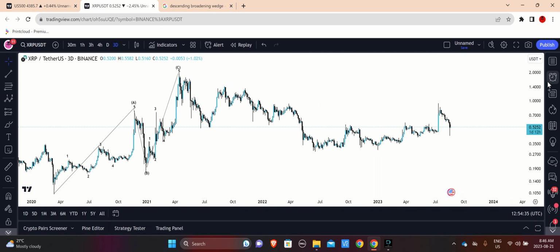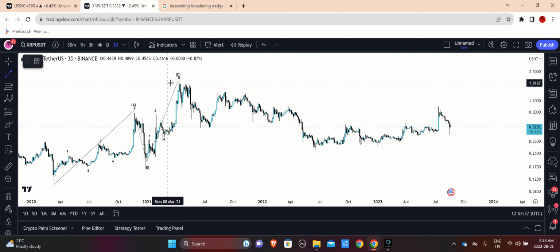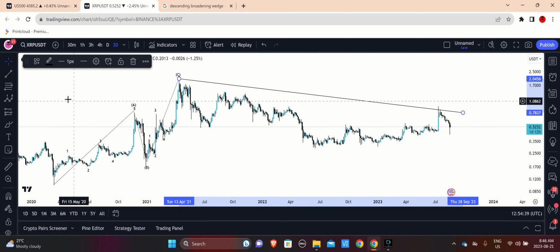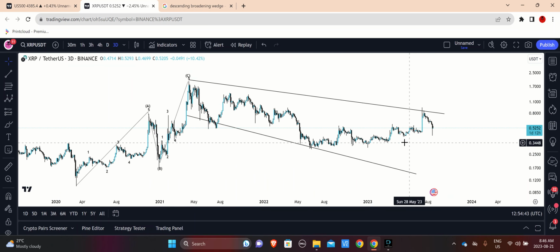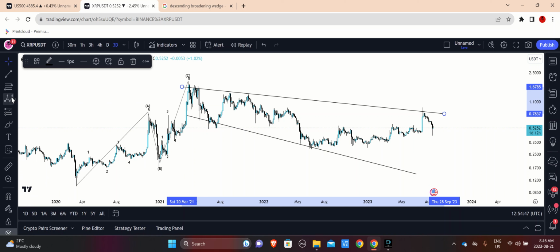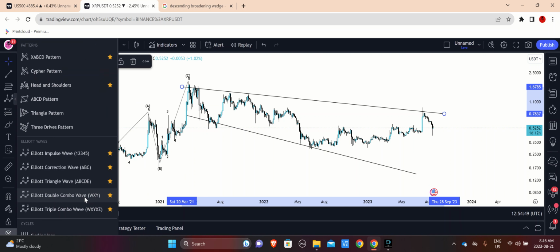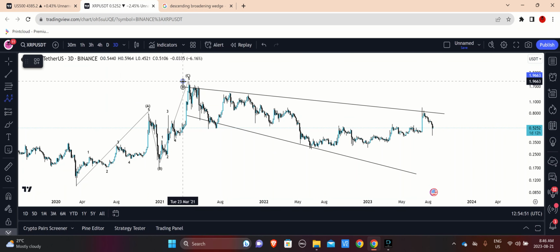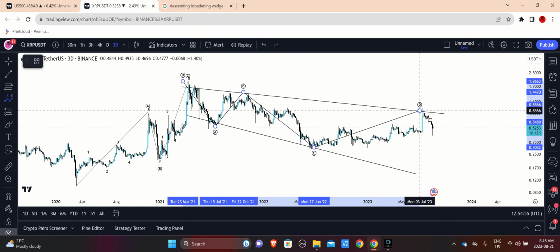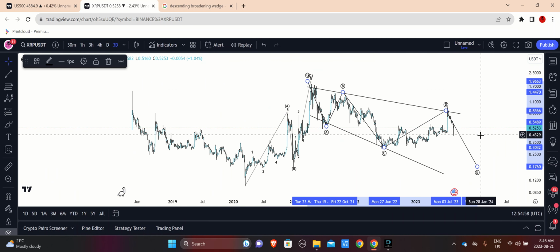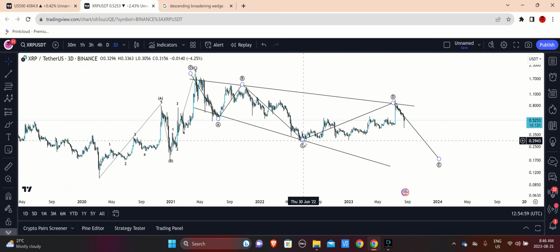Then what happens is we go into a descending broadening wedge. But we never have our 5th wave. That's the thing. That's what I noticed. So now remember, in wedges, the waves overlap. So that's a descending broadening wedge right there.